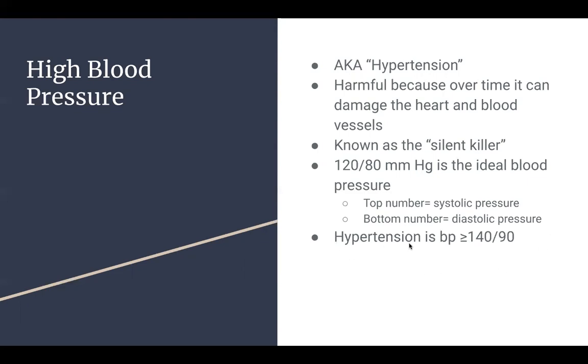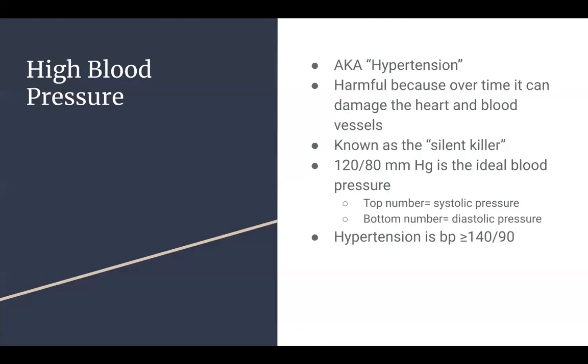Hypertension then is defined as a blood pressure of 140/90. So again, we want to make sure that we are monitoring our blood pressure, just because having high blood pressure may indicate future problems with cardiovascular diseases. High blood pressure is known as the silent killer because we don't physically recognize that we have high blood pressure.